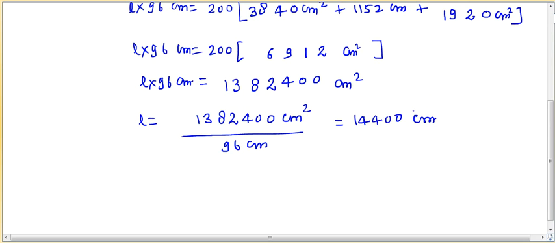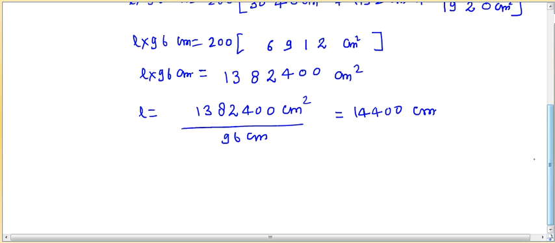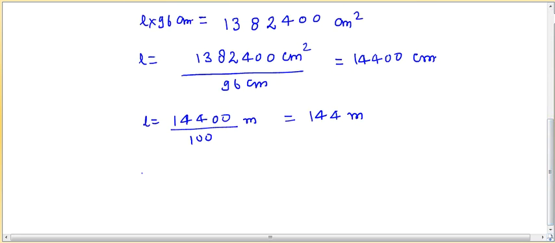Okay students, so this is the answer, which means a length of 14,400 centimeter of tarpaulin cloth will be needed to cover 100 such suitcases. But maybe in your textbook the answer is given in meter, so just divide the value in centimeter by 100, and it is converted into meter, and now it is just 144 meter. So conclude your answer.